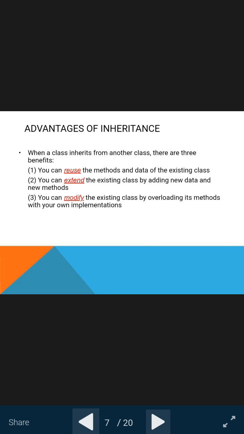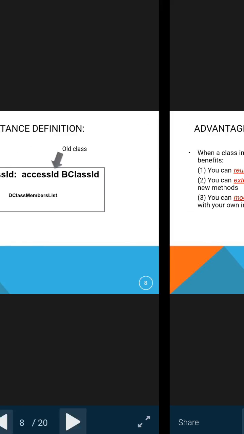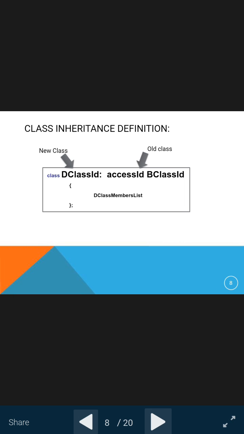Through the derived class we modify the existing features of that method in the base class. So these are the advantages of inheritance.